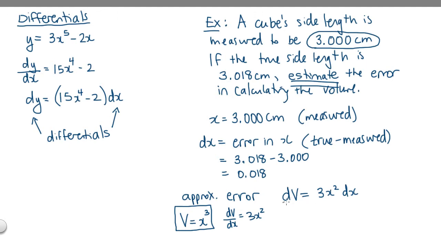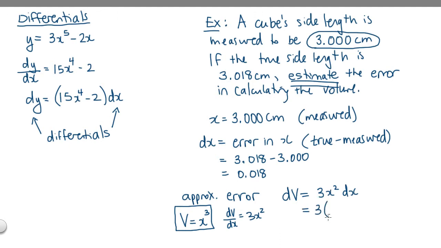So with a little bit of practice, we should be able to just jump into dv and write that down quickly, but if you want to do some work over on the side, that's fine. All right, so there's our approximate error. We know what our x value is. That's our measured value in the problem. We know what dx is, so we're all ready to plug in.